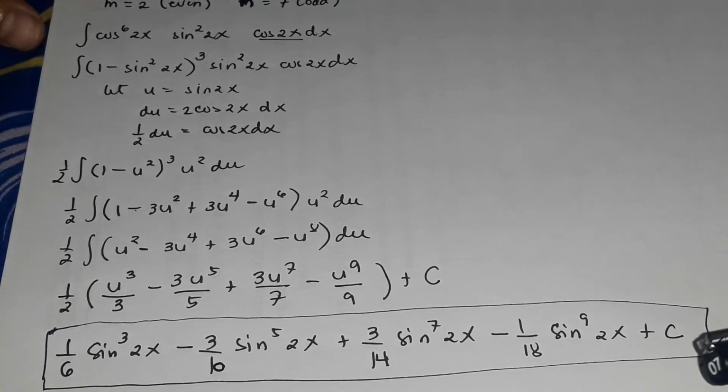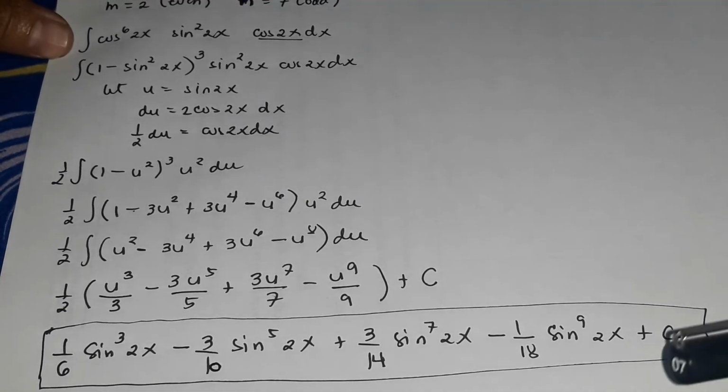Okay, so once more, we are going to do this again by using the shortcut method. So we have the integral of cosine to the 7 2x sine squared 2x dx. So again, we will only be considering the odd power for n, which is equal to 7.